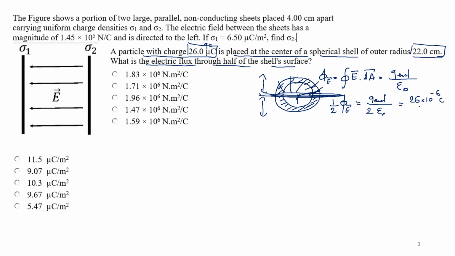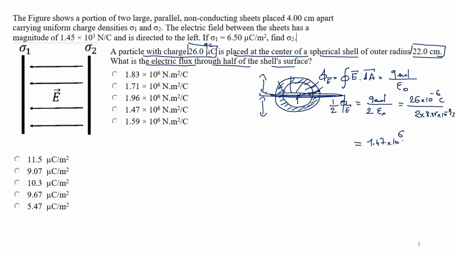Now I divide it by 2 times epsilon naught, which is 8.85 times 10 to the power minus 12 SI units. If you do that, how much do you get? Let me do the calculation. I get 1.47 times 10 to the power 6.